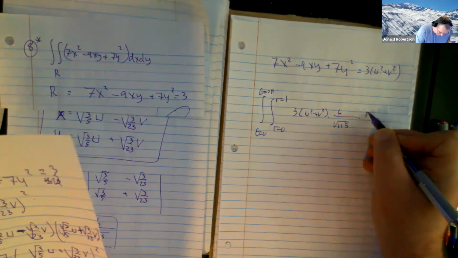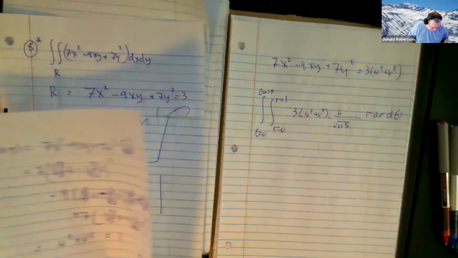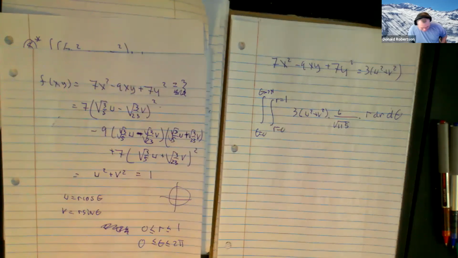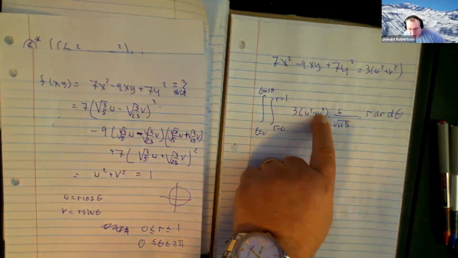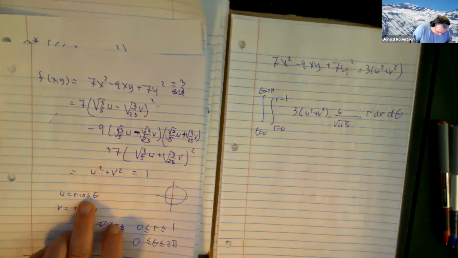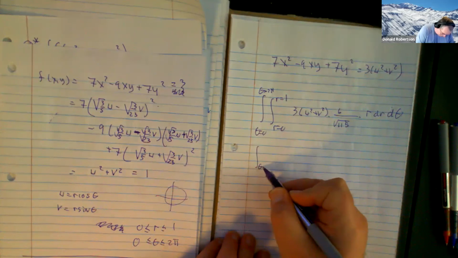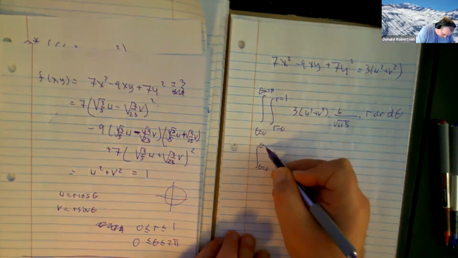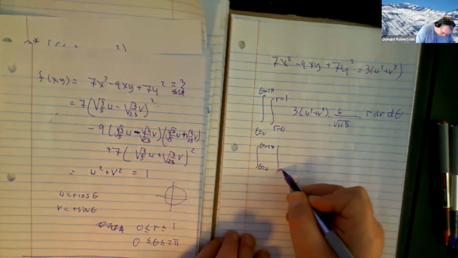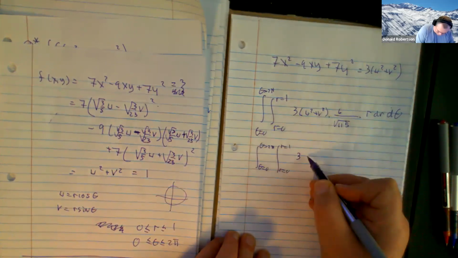And an r dr d theta. Oh, wait a minute. What does u squared plus v squared look like? Well, if you do my polar, doesn't that end up being 1? So you get 3. So you've got this guy to 2 pi. Oh, this is going to come out nice. 3 times 1 is 3.